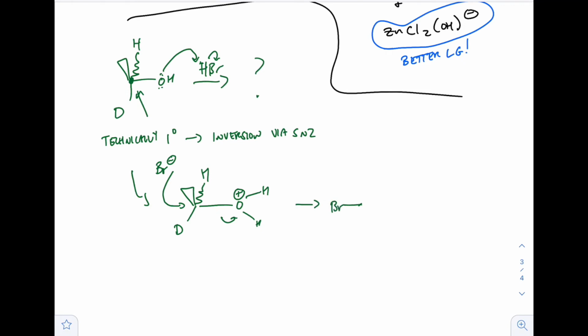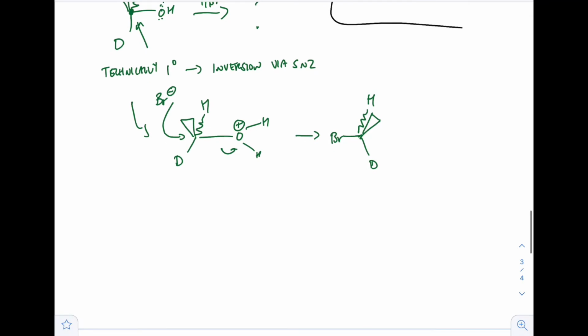And that results in your umbrella flipping inside out, right? So your wedge and dash are still more or less the same direction, they're both up and down, and the deuterium is down, but they're projected the opposite way, as if you inverted your umbrella. That's one way you can draw it. Another way you can draw it is to just keep the geometry the same.